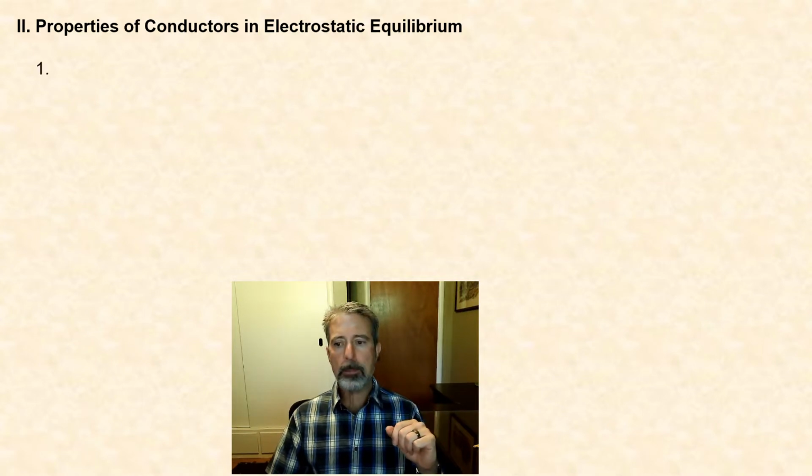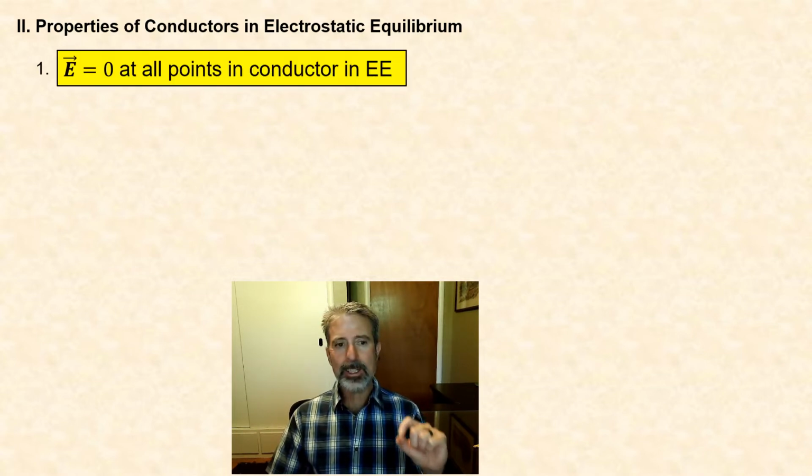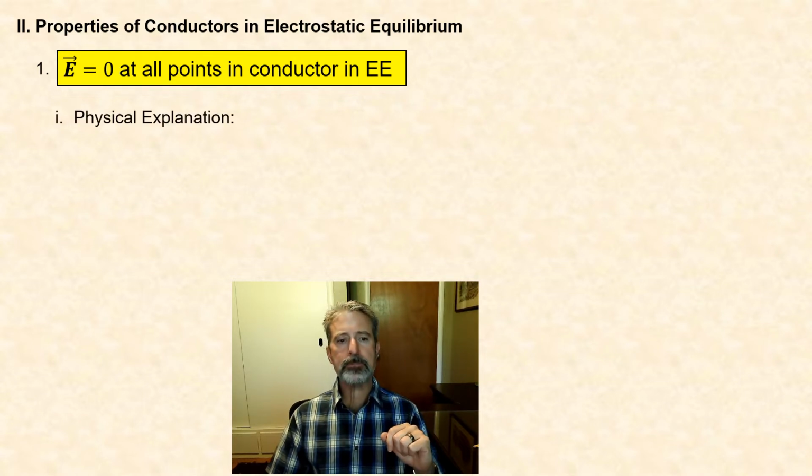So the first property we'll take a look at is this. It turns out that the electric field is zero at all points in the conductor when it is in electrostatic equilibrium.